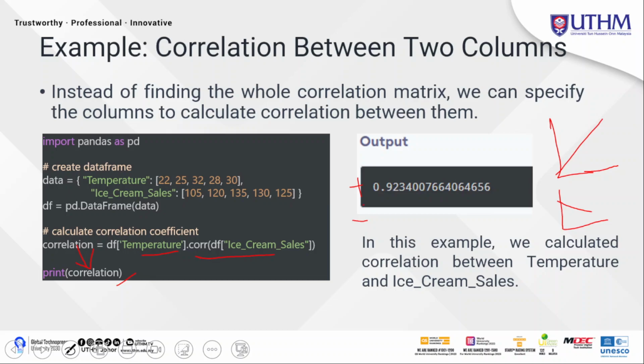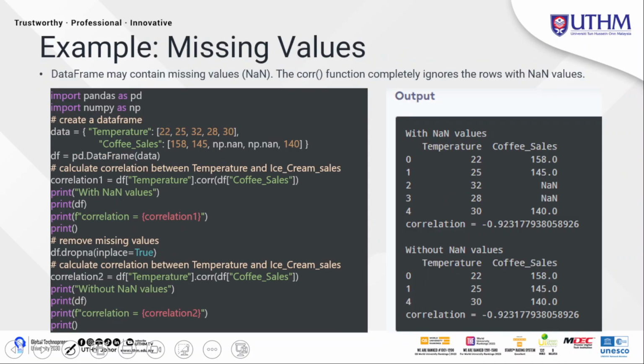Okay, we already learned this in fundamentals of data science. So if you can recall back, missing values again. If your data set contains missing values, the correlation function completely ignores the rows with not a number values.